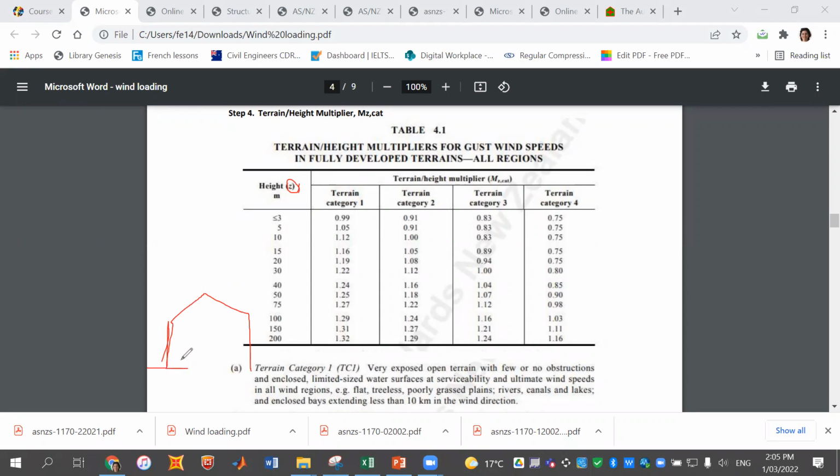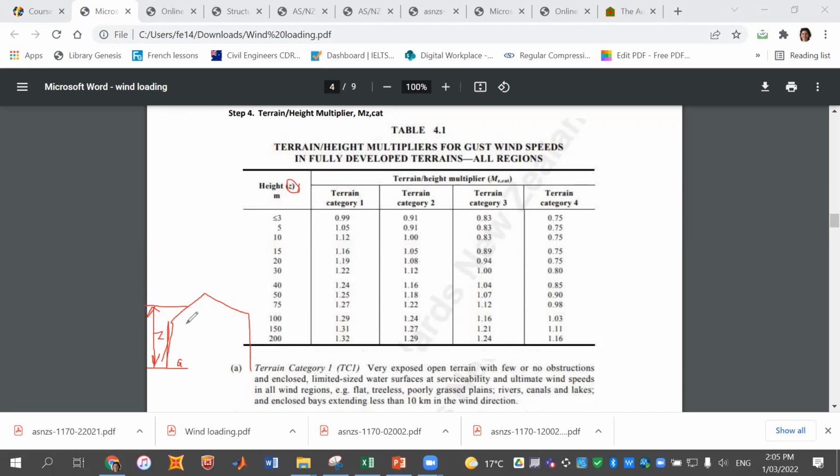So here is the ground, I say G, ground. And then up to the middle of your roof. If your roof is not flat, you need to consider the average of the roof. So this height gives you the Z that you need for reading this table.